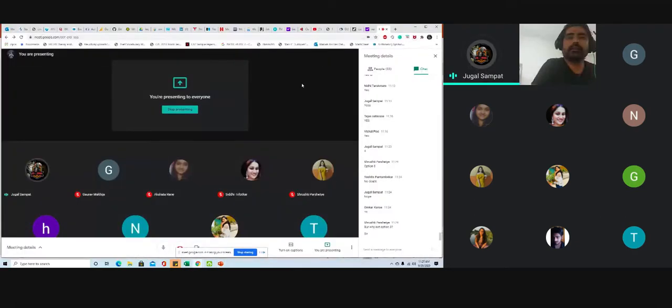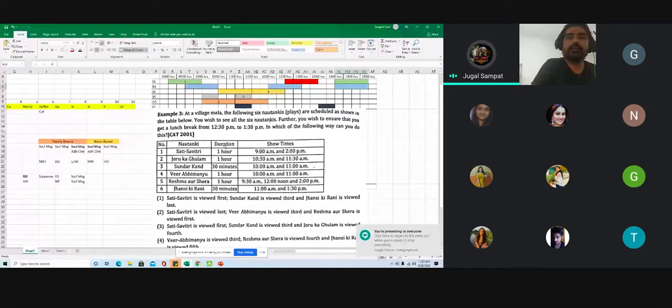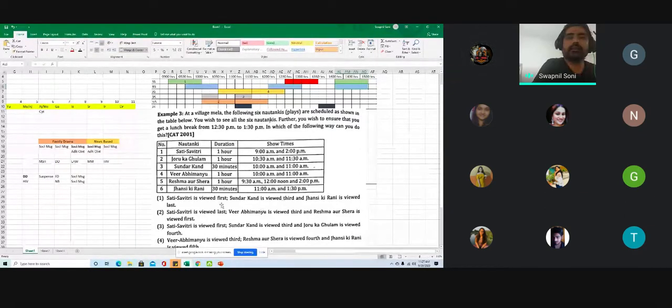Sir, can you explain once again for the third option? Because it is the same as the first option for the first two. The only difference is the first one says JR is viewed last. Now, if you look at the first option, Sati Savitri is viewed first. Sundarkand is viewed third. So let's say this is your third. JR is viewed last.